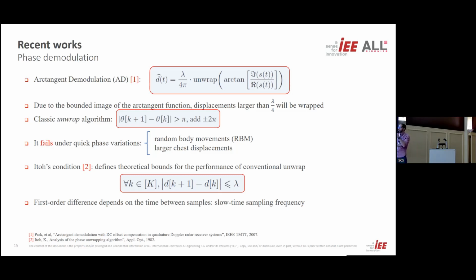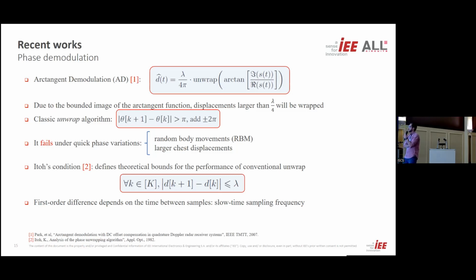The classic unwrap has very basic assumptions: whenever your phase jumps are bigger than pi, you just add or subtract 2 pi, and then you can correct that. However, it fails under quick phase variations. These quick phase variations can come from random body movements, whatever is moving close to our chest, or even larger chest displacements.